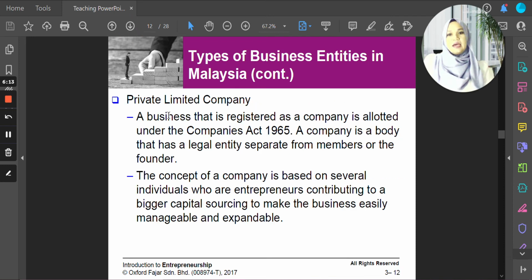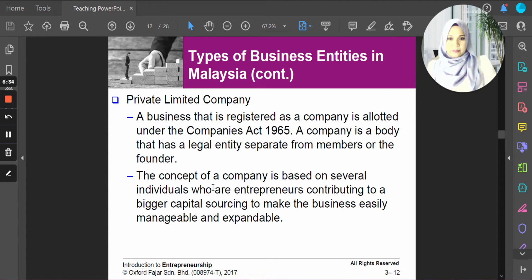All right. And the last one is the private limited company. In this private limited company, the business will be registered under the Companies Act 1965, where the company itself is a body that has a legal entity separate from the members or the founder, just like an LLP just now.